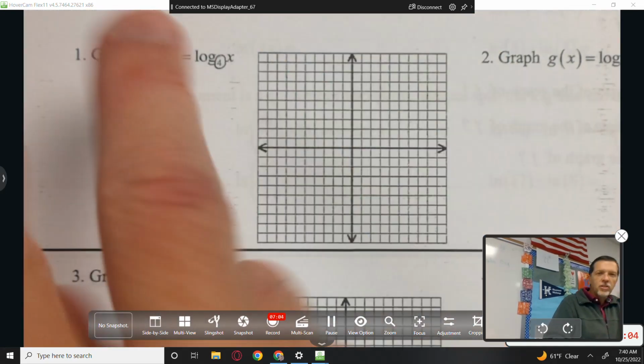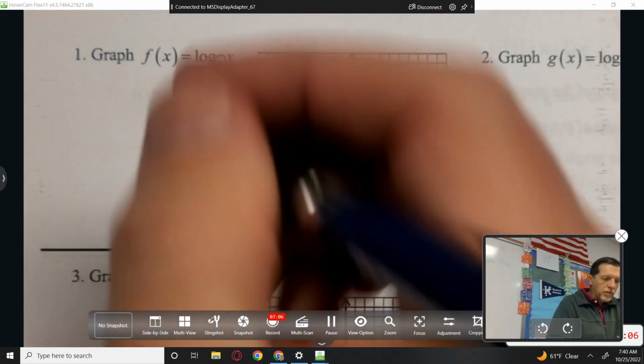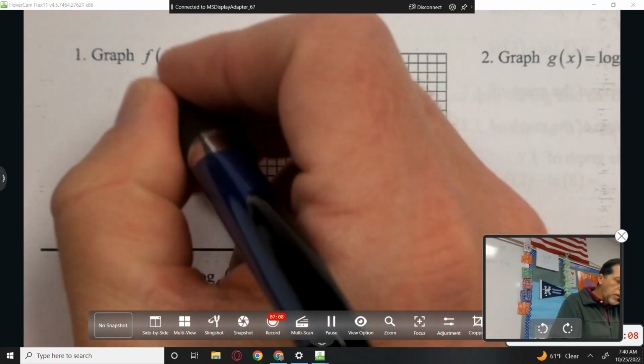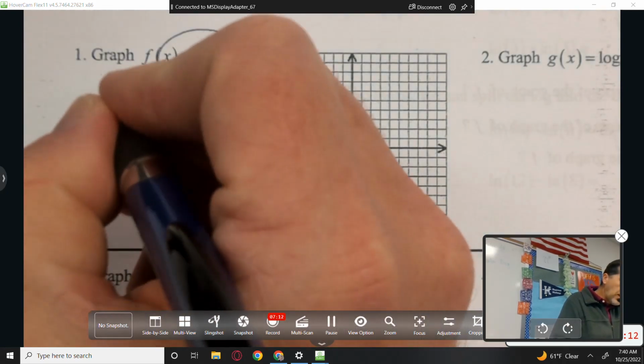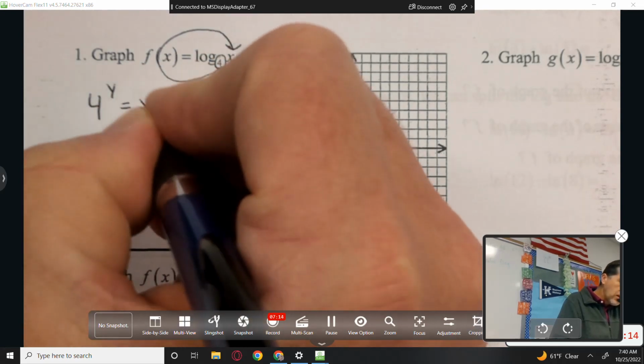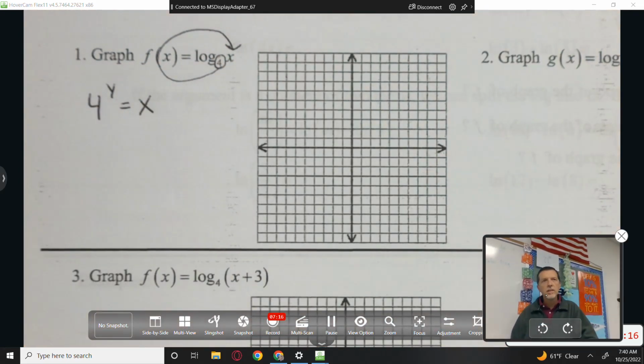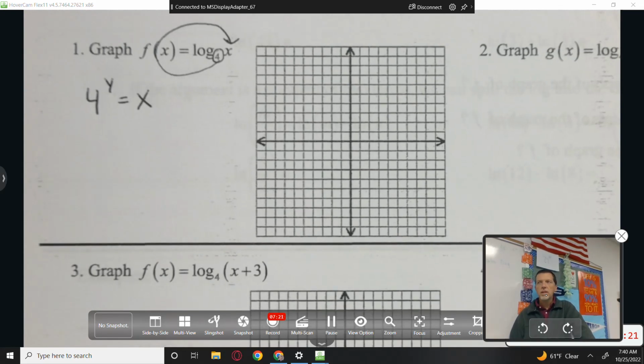This equation is a little flipped from what we were just looking at, but you still start with the base, loop around. So I'm going to rewrite that as 4 to the y equals x. You okay with that? Because it goes pretty quick after that.